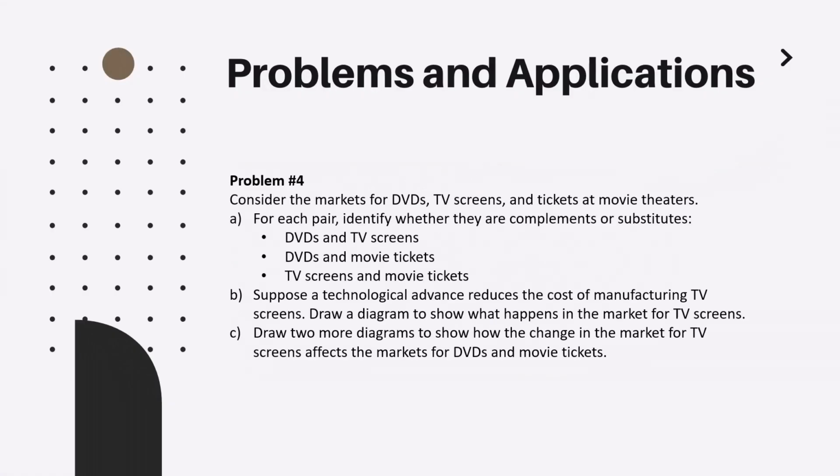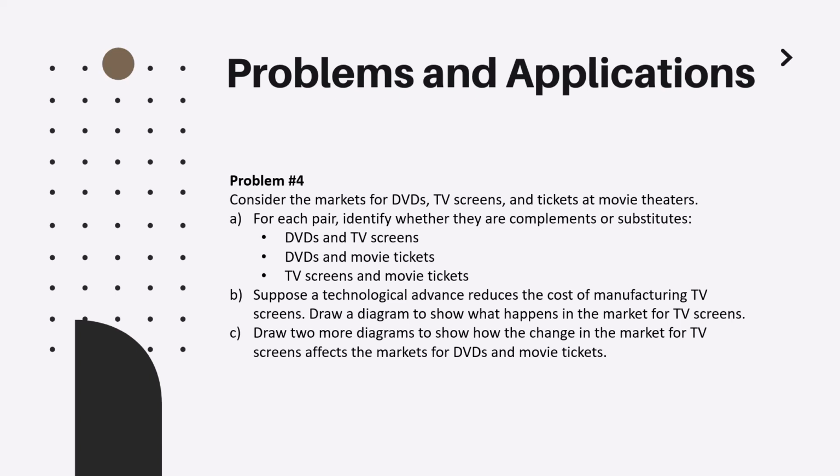Okay, TV screens, DVDs, and movie tickets. These are good examples of related products. The first step to understand how to solve and answer these questions is to think whether these products are substitutes or complements.